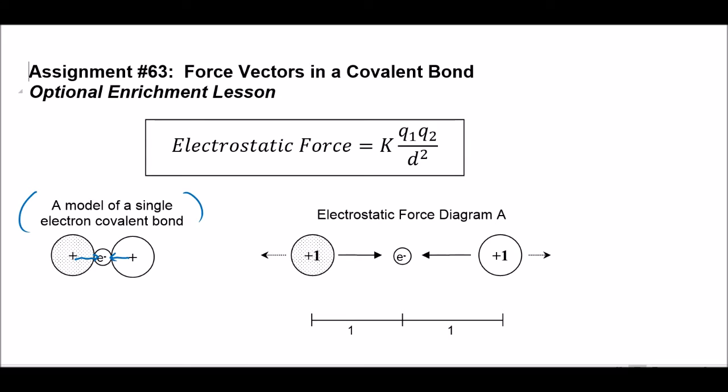In addition to these attractive forces, there are forces of repulsion. This positively charged nucleus here repels this positively charged nucleus here. So there's also repulsion, but the repulsion is not as strong as the attraction. So attraction wins in this situation.